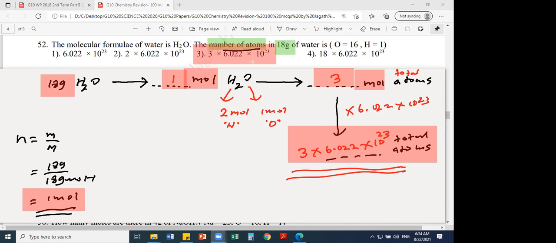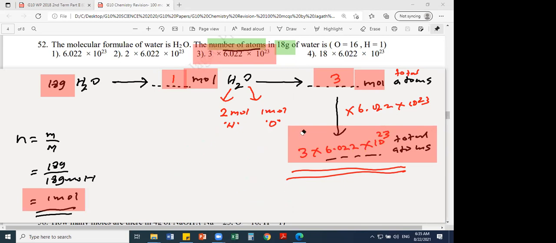Again, first we convert mass into moles and then moles into atoms and molecules. If you want to find hydrogen atoms, then 2 into the Avogadro constant. If you want to find oxygen atoms, 1 into the Avogadro constant. You can mark that with a pencil as additional information.